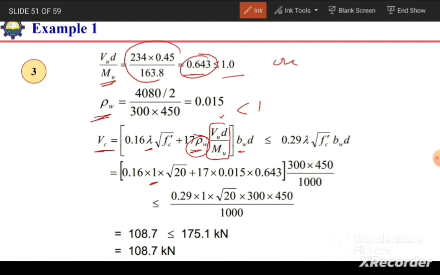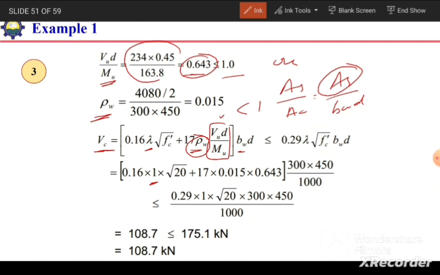And for rho w, it is actually As over Ac, meaning As divided by bw into d. For As, we have taken the section at a distance 0.6 meter from the center of the support, so at that location we have only 4 bars.